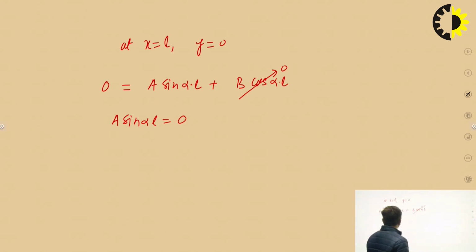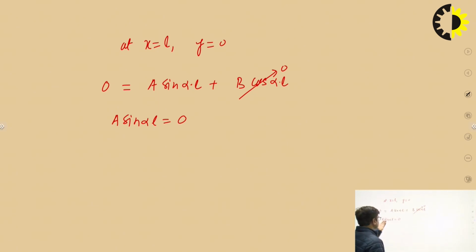If the product of A and sine alpha L equals 0, what are the chances? Either A is 0 or sine alpha L is 0. But if A is 0, then deflection is 0 for all values of load, and if deflection is 0 for all values of load, it means there is no bending, there is no buckling.